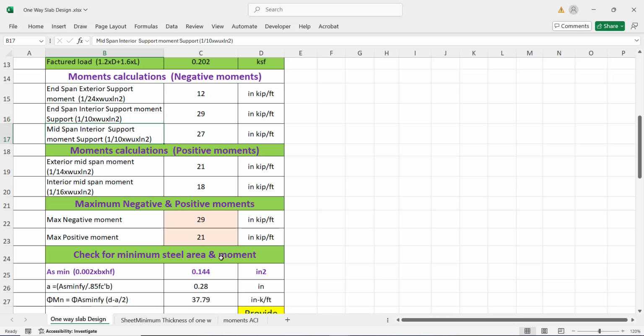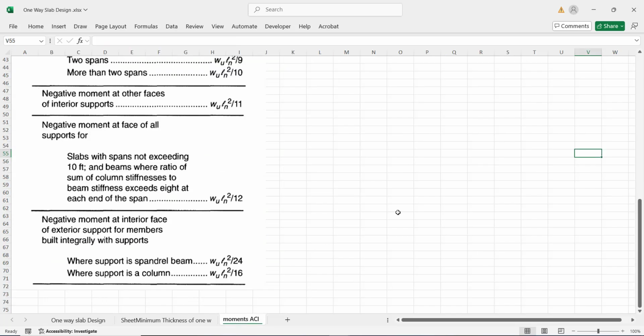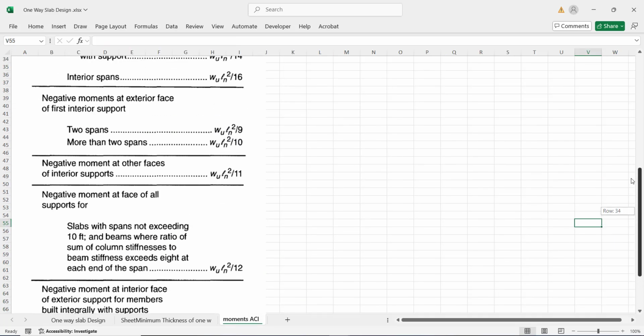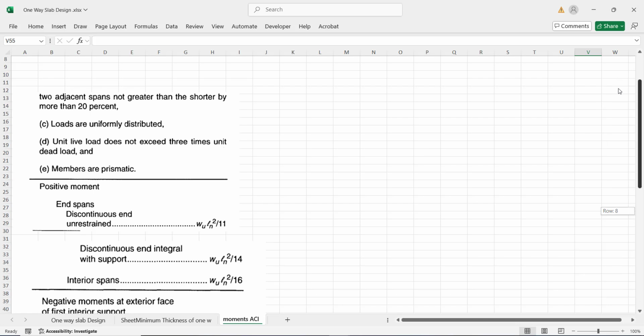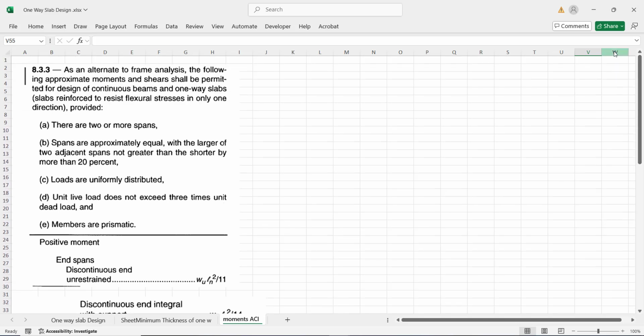As per ACI, I will share with you that these are the coefficients allowed by the code, according to ACI 8.3.3. These are the conditions for using these coefficients. There must be 2 or more spans.